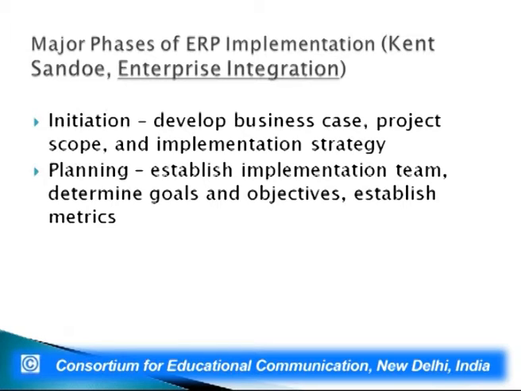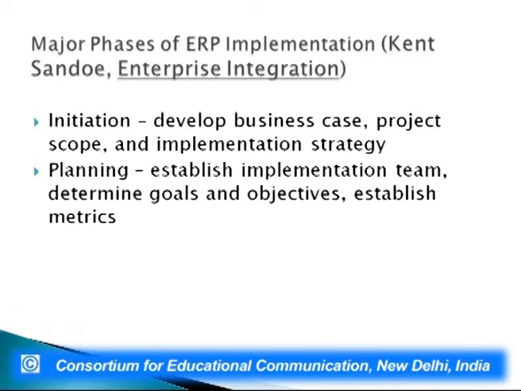Till now we have talked about the system of implementation. Here: initiation, develop business case, project scope and implementation strategies, and the planning for that is to establish the implementation team, determine goals and objectives, and establish metrics.